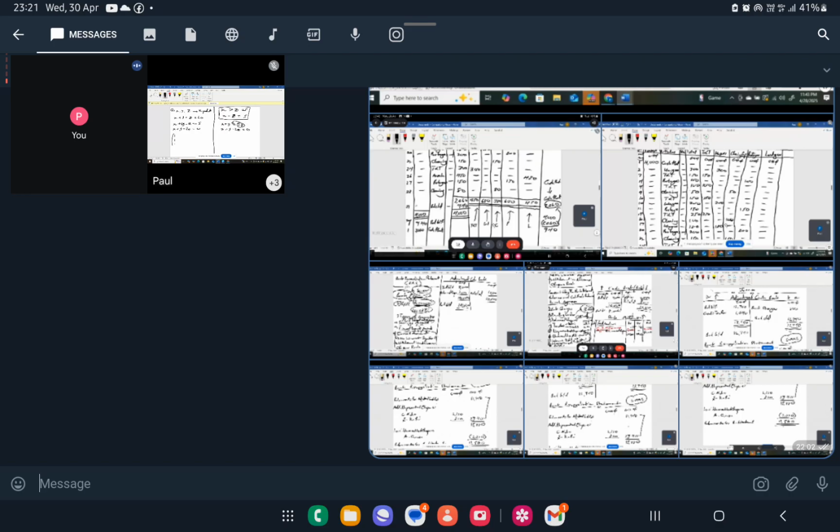So 1, 1, 1, 1, 0, minus 1, and 1, 1, 2 multiplying x, y, and z, and it will give us 60, 5, and 0. You understand?